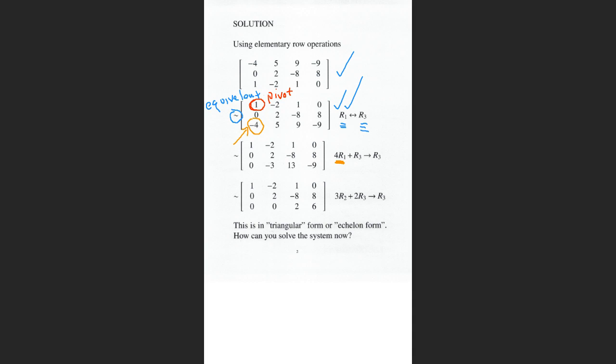That's 4 times the first row. I'm going to add that result to the third row, and then put the entire result here in the third row. So the third equation is going to be 0x1 minus 3x2 plus 13x3 equals -9.